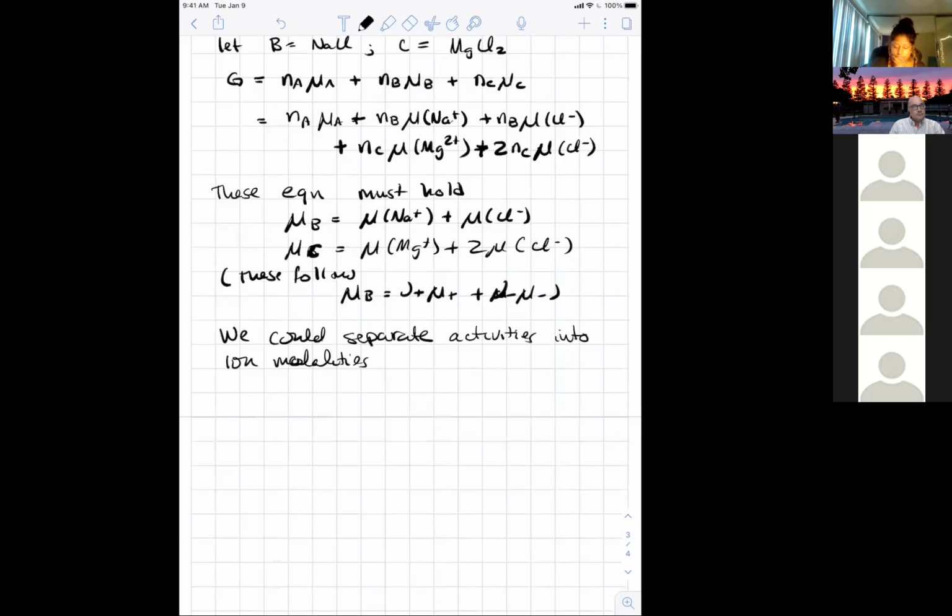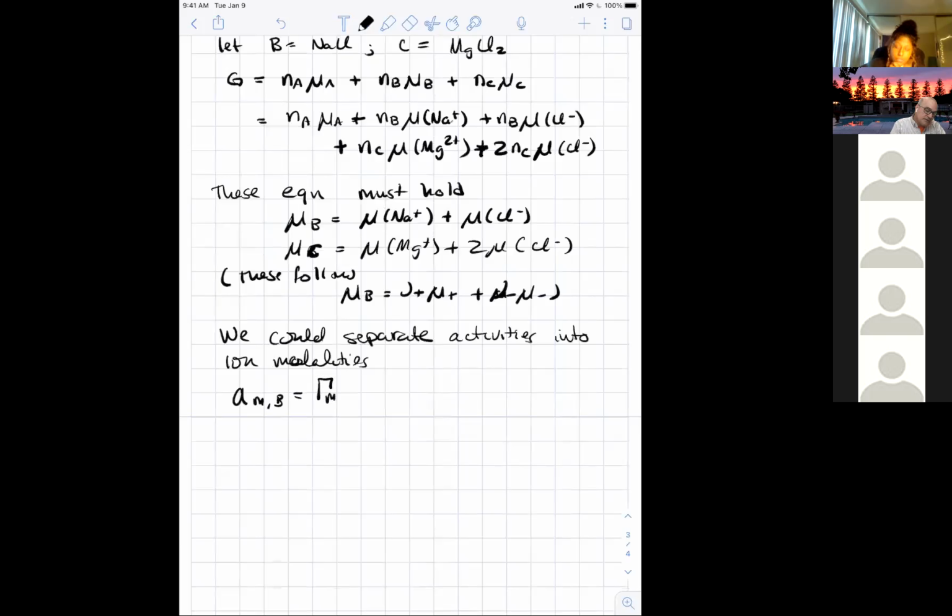If we have one electrolyte in solution, it's probably more convenient just to refer to the molality of sodium chloride or magnesium chloride. But if we have a mixture of these two, we might want to keep track of the sodium, the magnesium, and the chloride, since the chloride's coming from 2 places. So we might end up with an expression like this.